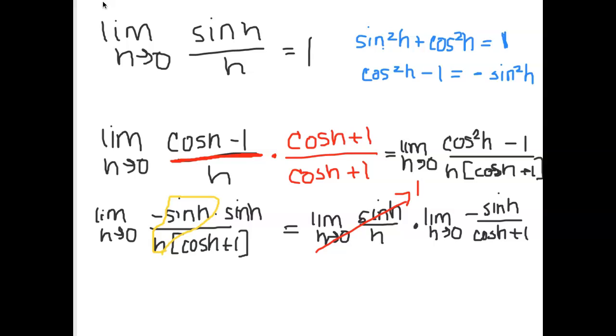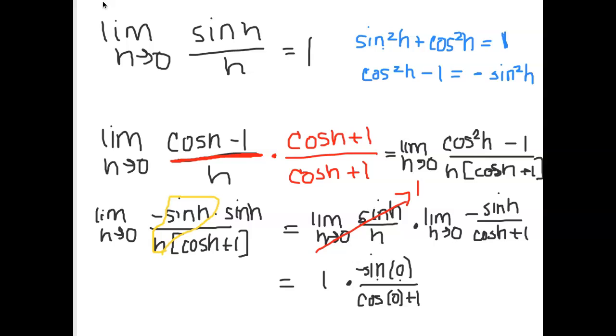At this point, can I plug in 0 to the top and bottom of the second part? The sine of 0 is 0.